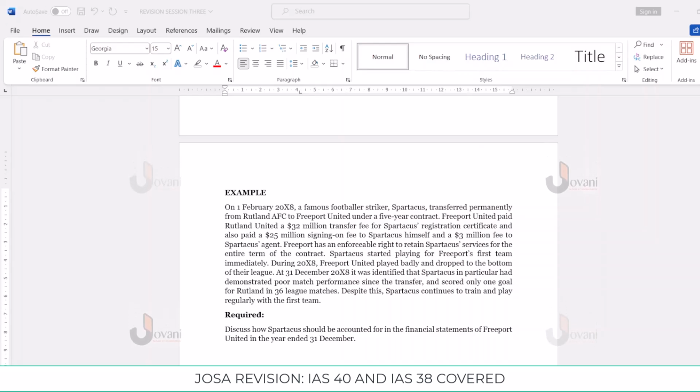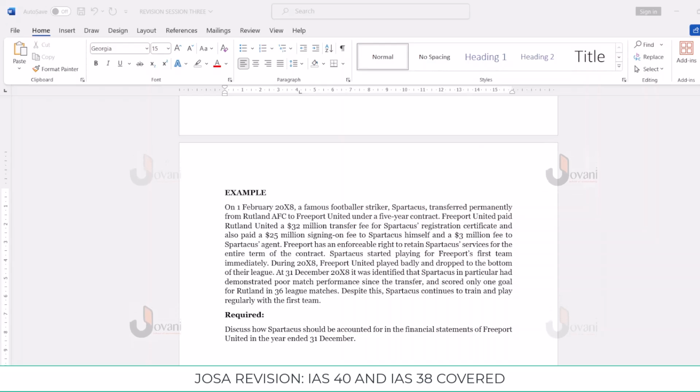Then you take it to the value. You see, at this point in time, once you review the carrying amount and the recoverable amount, the recoverable amount is going to be above the carrying amount, not so?